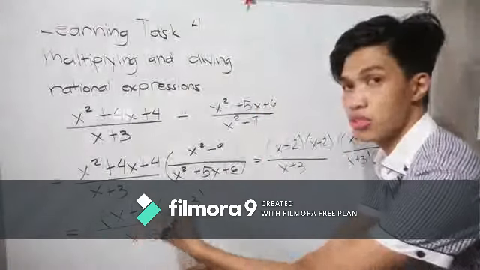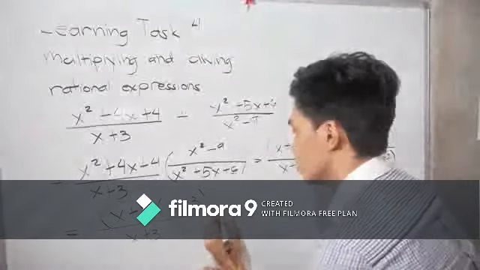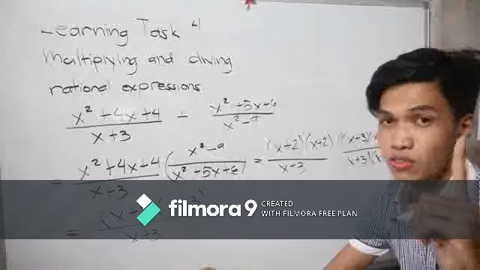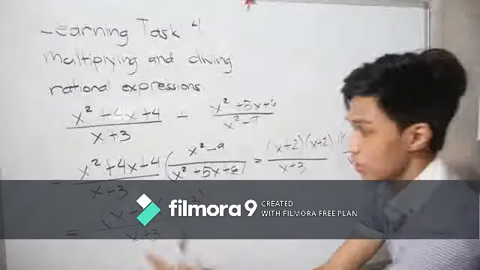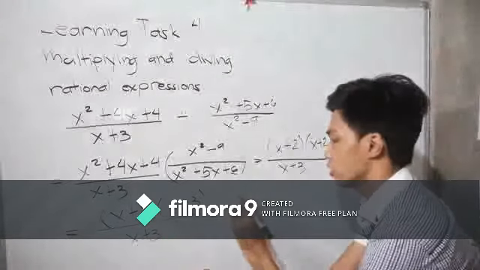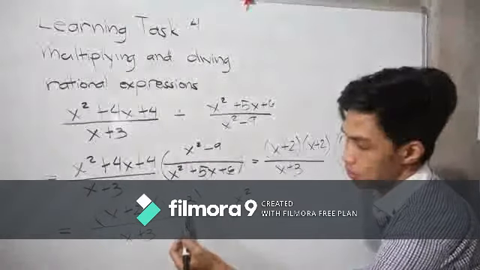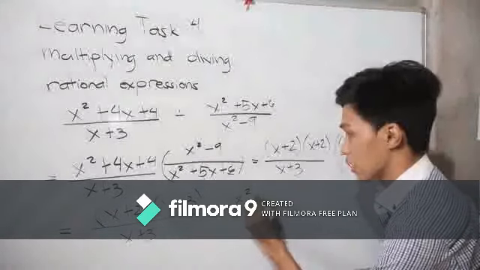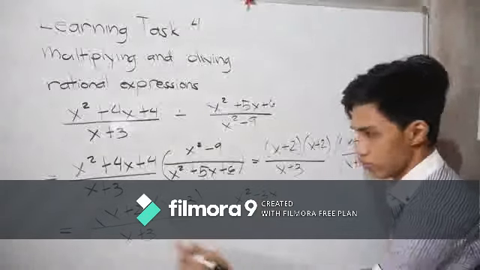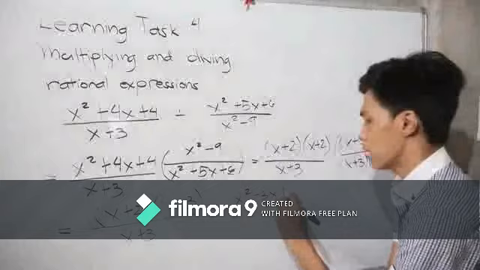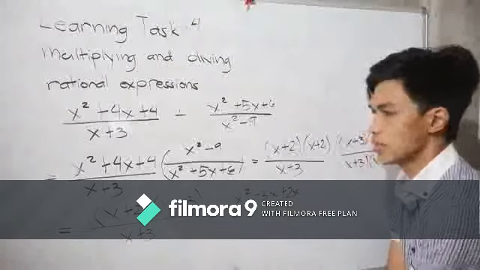We need to multiply the two binomials. For multiplication of binomials, we need to use FOIL method. First term, x times x, that would be x squared. Outer term, x times negative 3, that will be negative 3x. Inner, 2 times x, that will be plus 2x.